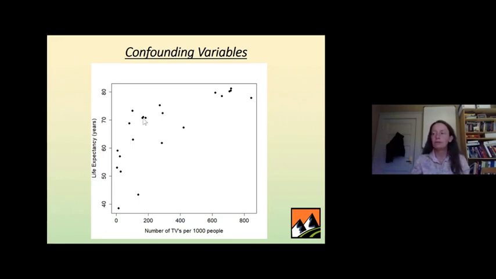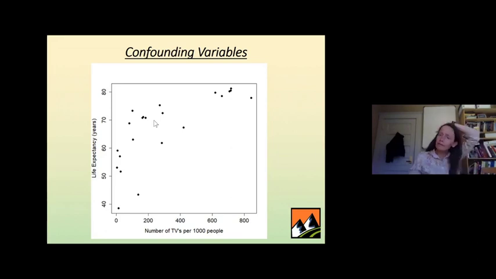In this one, we might say that it's socioeconomic status that's actually affecting both of these variables in the same way, and that could potentially be the underlying cause. That's the importance of why we want to have an experiment, so that we can eliminate the potential for these confounding variables that could otherwise be causing the relationship that we're seeing.